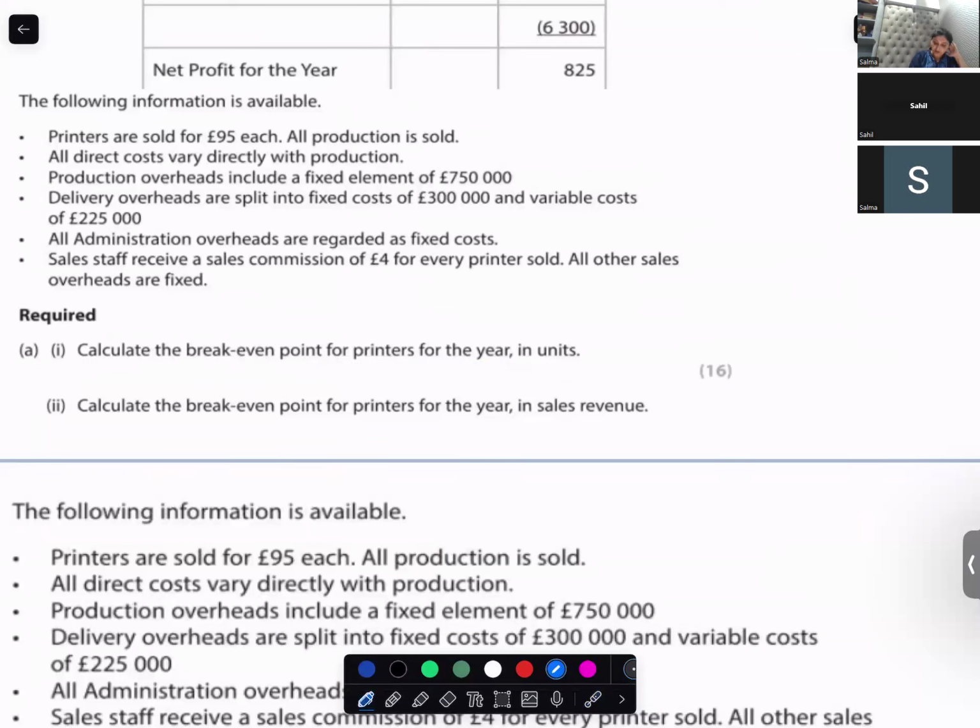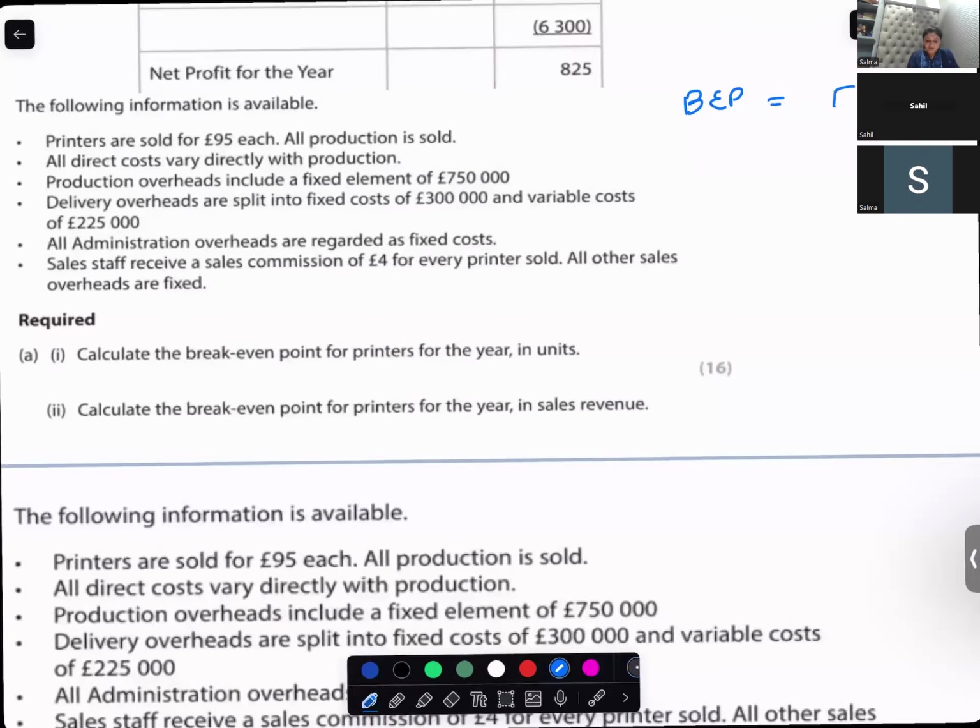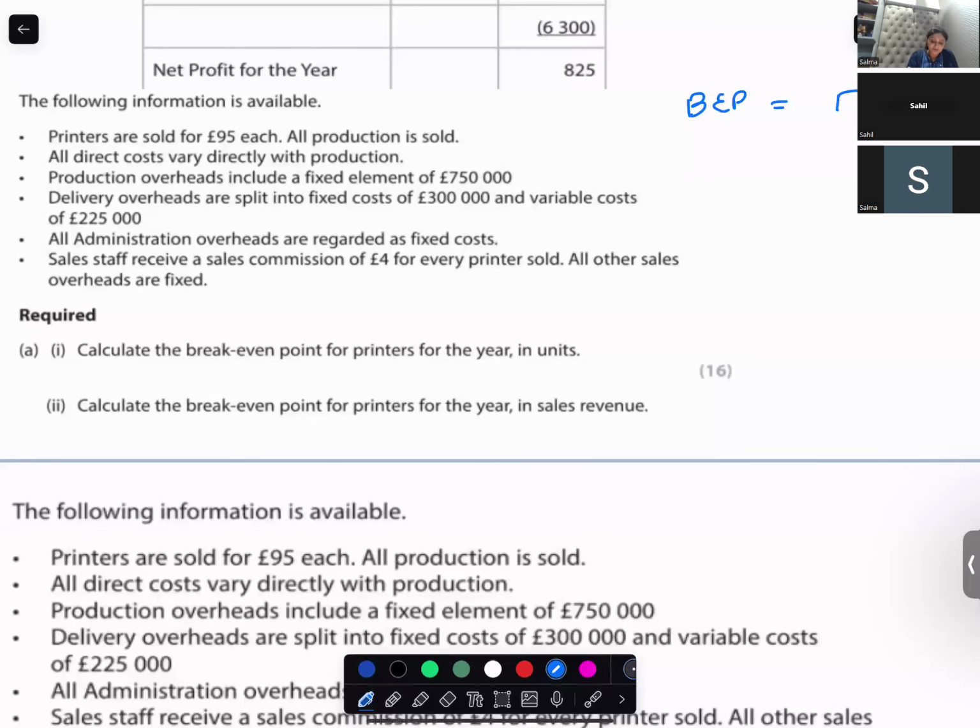Can you give me the formula for break-even point? It is fixed cost divided by contribution per unit. So if I want break-even point in units, it is fixed cost upon contribution per unit.